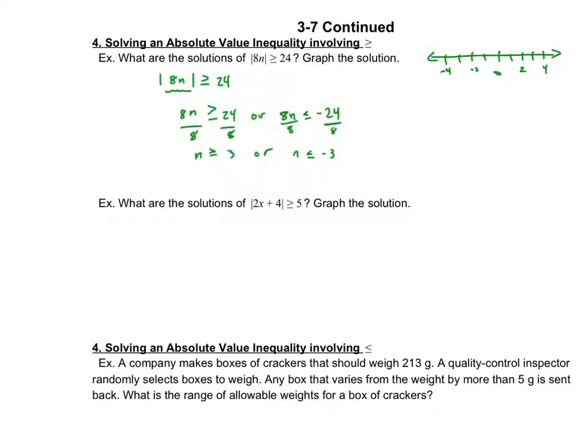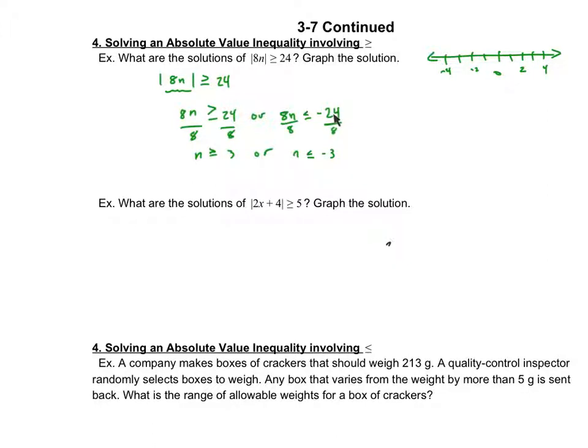Okay, so looking at the absolute value of 8n is greater than or equal to 24, we're going to realize that we can also have some negative values in here. So 8n is greater than or equal to 24, and it is also going to be less than or equal to negative 24.